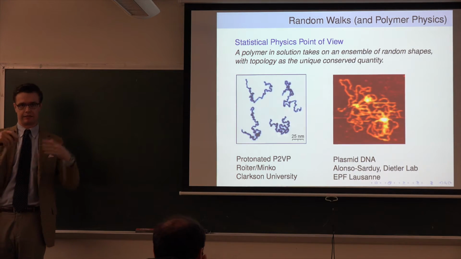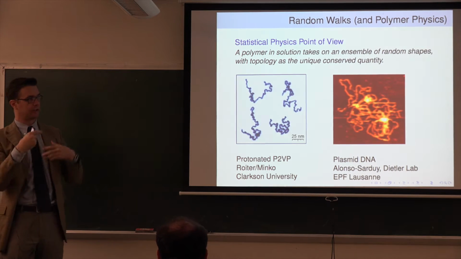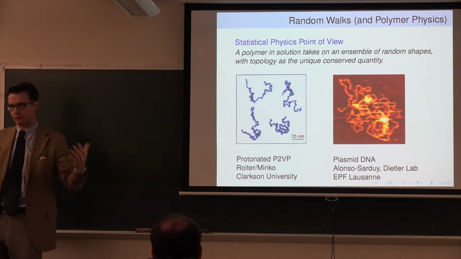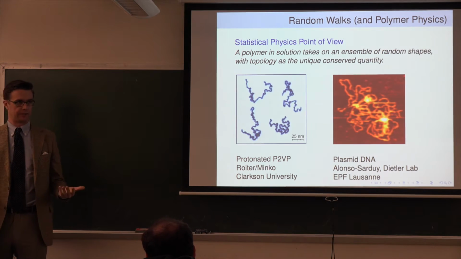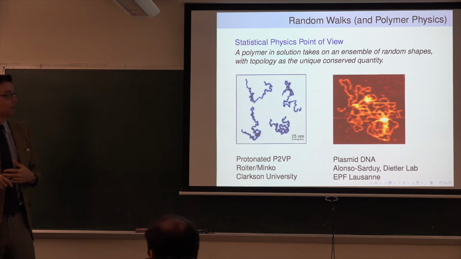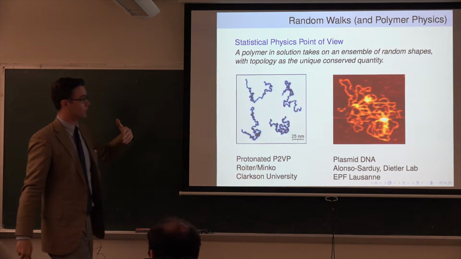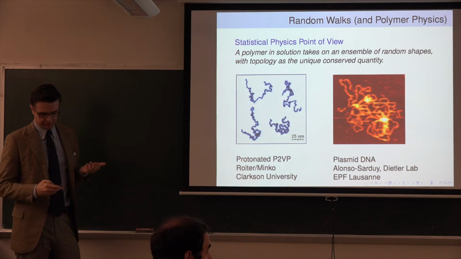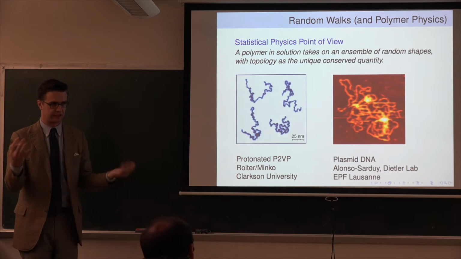They can bend, and they're constantly being deflected by water molecules in solution, so they don't really have a shape. They have an ensemble of shapes, or an average shape. You have to come to terms with the idea that the things you're studying don't have shapes, they have statistical shapes.